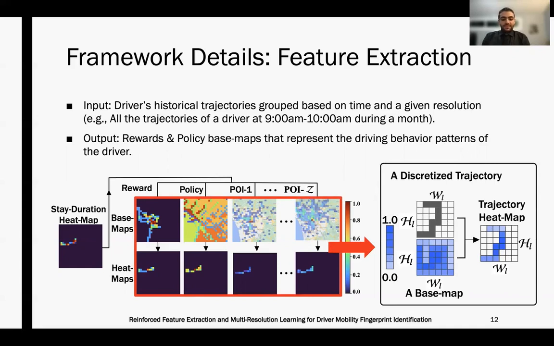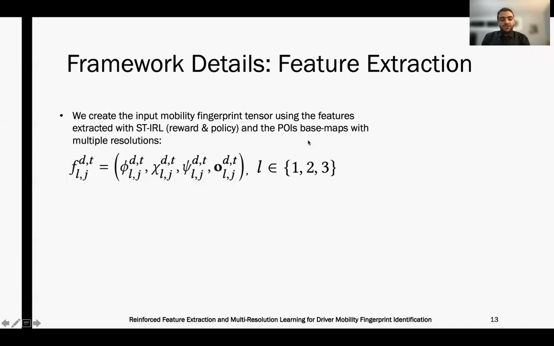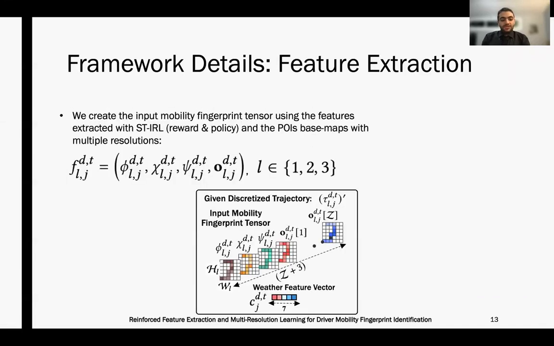So we perform this multiple times to get multi-resolution features. We denote our features with F with multiple resolutions, and you can see the summary of our features in this figure, where HL and WL are the feature resolutions. The first heat map is the state duration heat map that is created directly from the trajectory and shows the amount of time that the driver has stopped in each part of the trajectory.